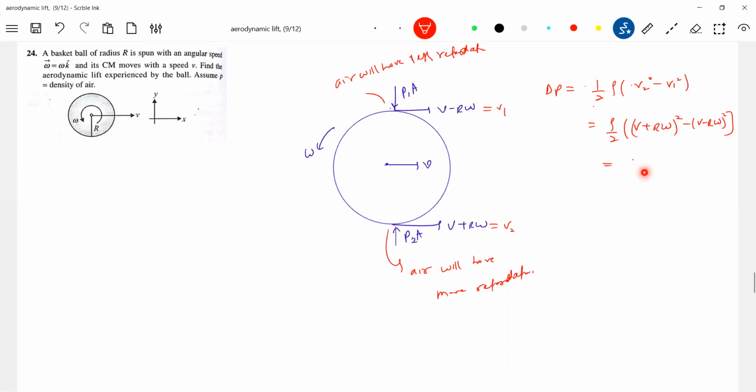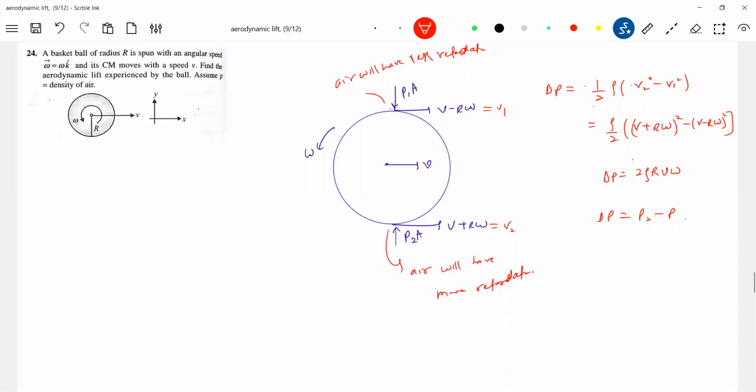All together, this will become 2 rho R V omega. This is the pressure difference. What is that delta P? P2 minus P1.